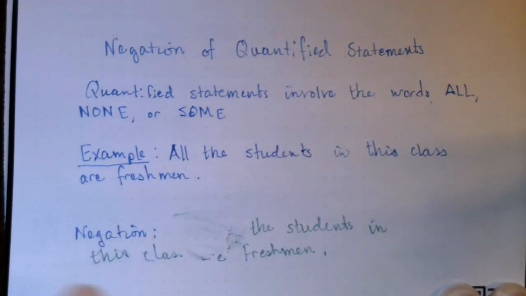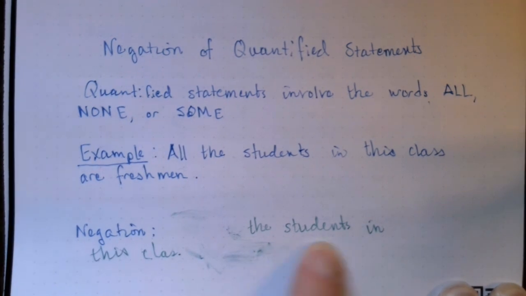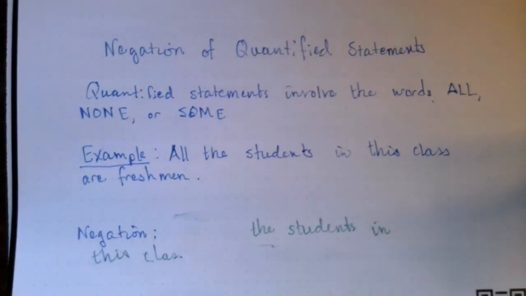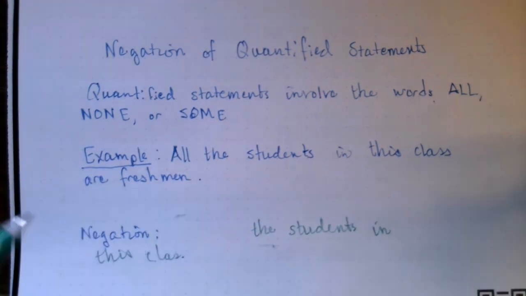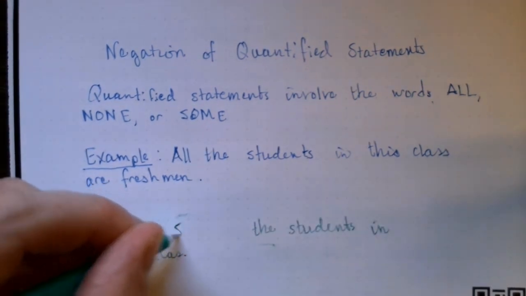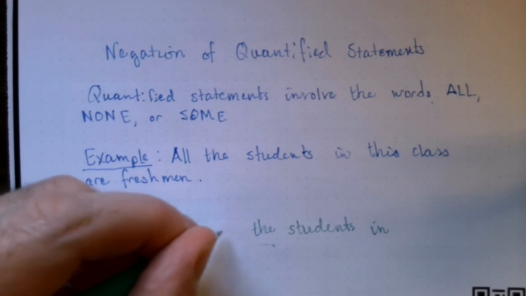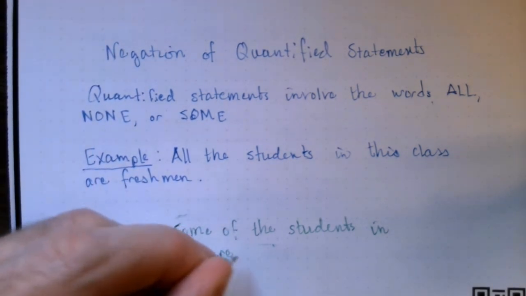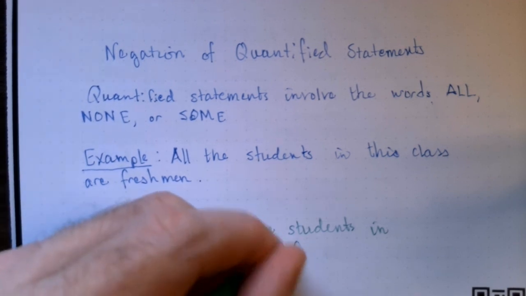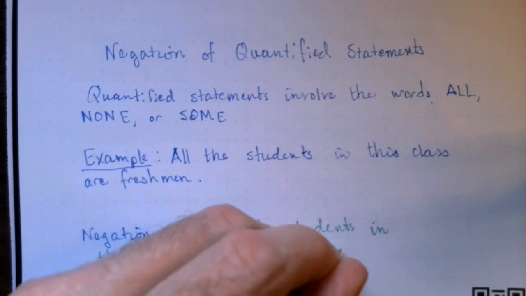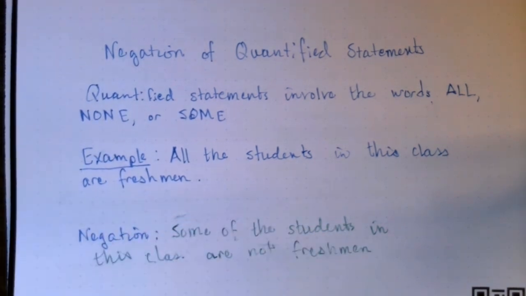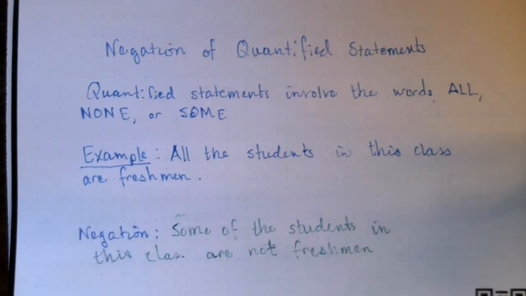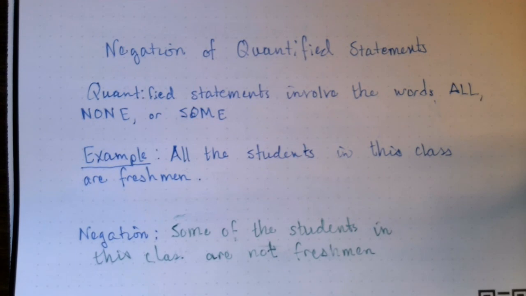And if I just erase what I've got there, this is the correct negation. Okay, the negation is some of the students in this class are not freshmen. Okay, some of the students in this class are not freshmen.